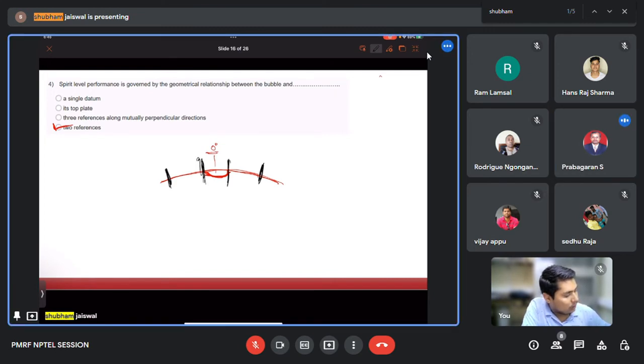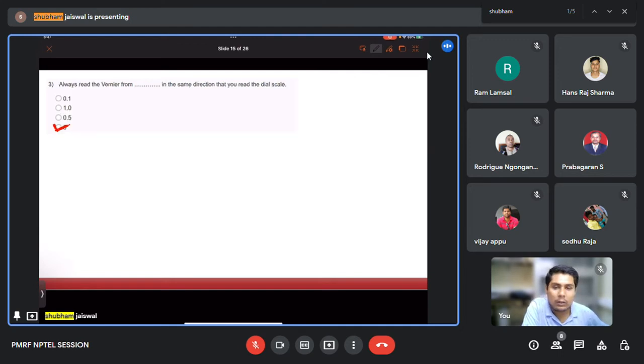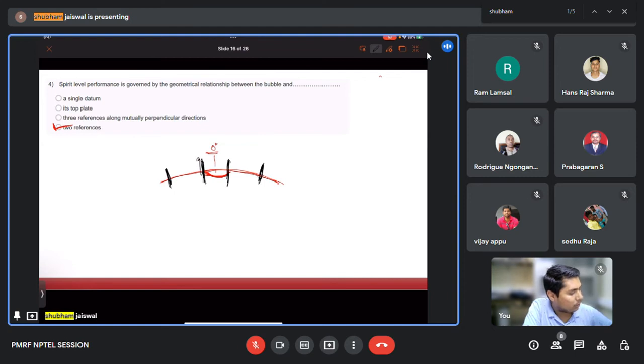If the bubble goes out from these markings, moving to this side, it will create some angle theta after traveling some distance. So the performance is governed by the geometrical relationship between the bubble and these two lines, the markings.